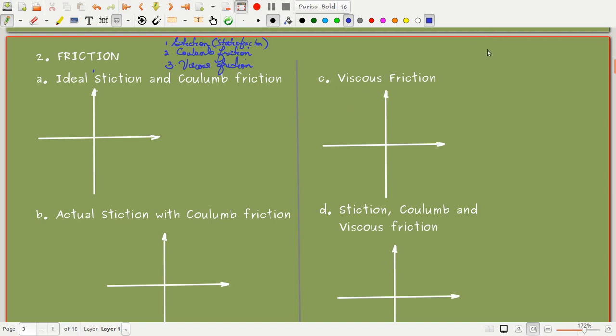In linear systems, when we studied the mass spring damper system, we had the equation m x double dot plus b x dot plus k x equal to some applied force.